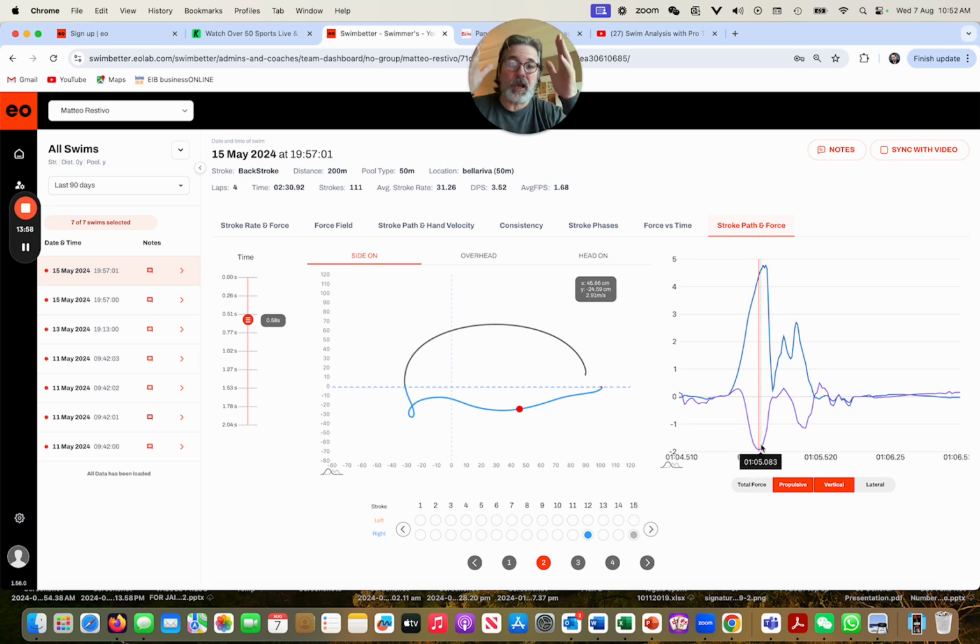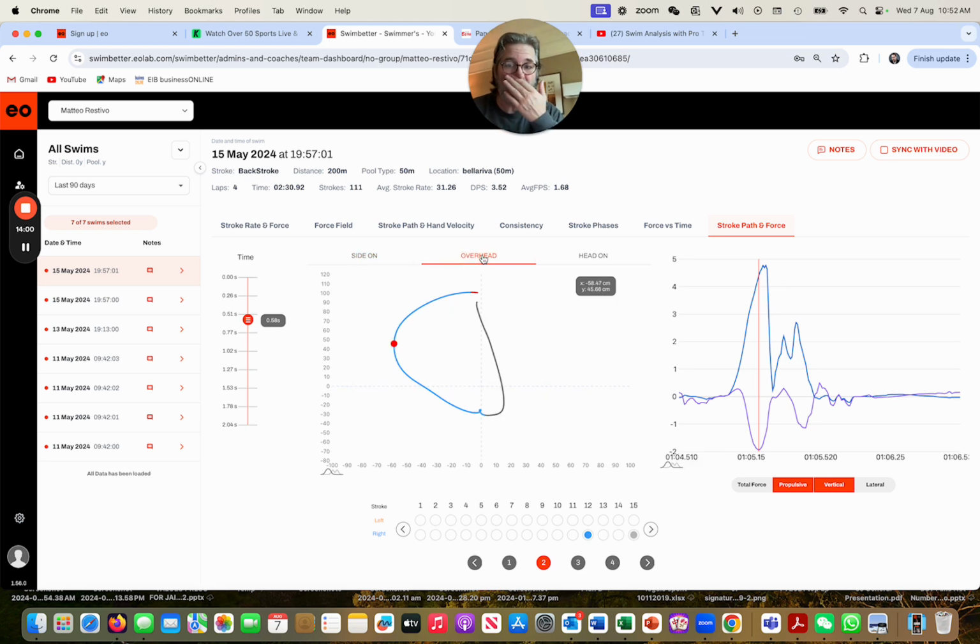So let's have a look at the overhead view and see where that is. And it's right there at the extreme edge of that hand path. And that absolutely at that point, that should be generating maximum propulsion. It should be maximum propulsion, and it should not be generating downward force at that point.